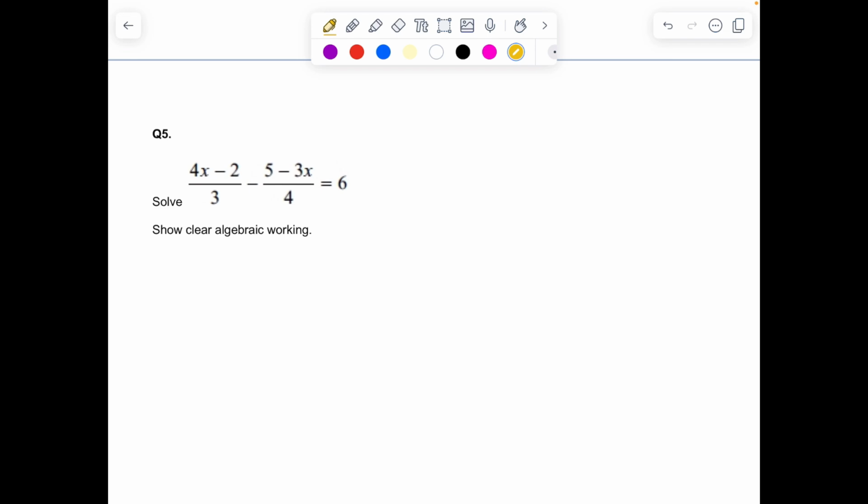I have got 4x minus 2 over 3, take away 5 minus 3x over 4 equals 6. I would multiply everything by 12, basically, just to get rid of the 3 and the 4 here.